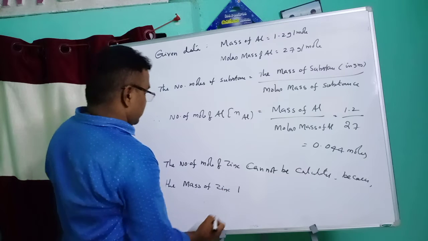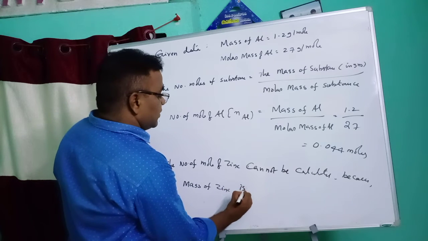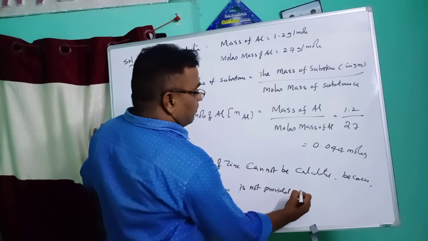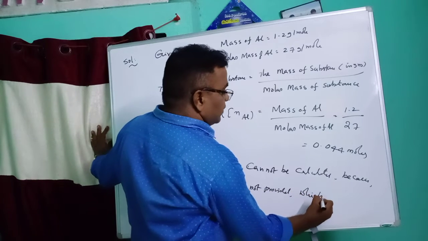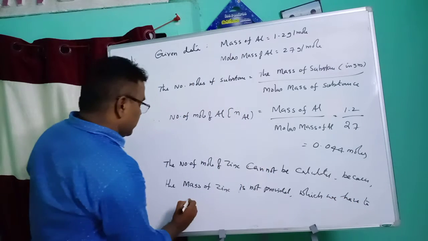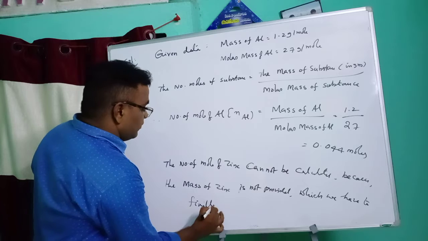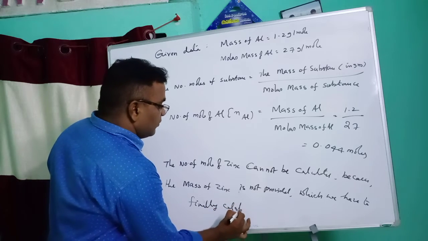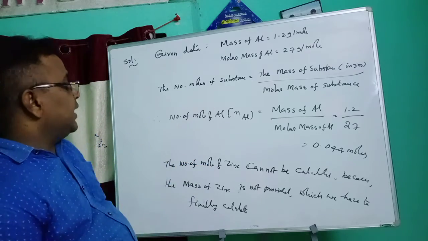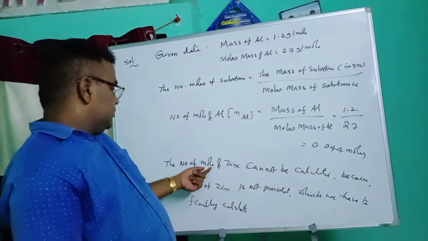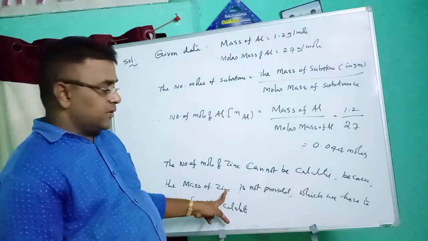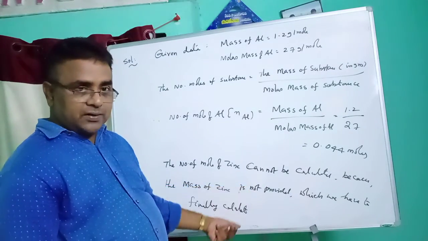The mass of zinc is not provided, which we have to finally calculate. So similarly, it is not possible to calculate the mass of the zinc. If you want to find out the number of moles of zinc, the mass of zinc is not provided. So finally, we have to find out this value.